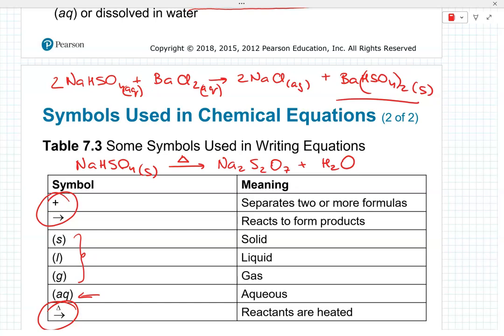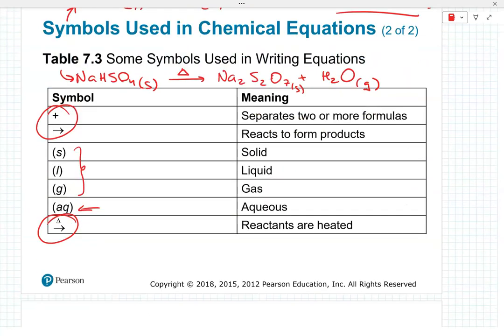Sodium persulfate. It is solid. It is gas. So you see, it's the same ionic compound, but it behaves differently whether it is solid or in the aqueous solution. Did I answer your question? Okay.